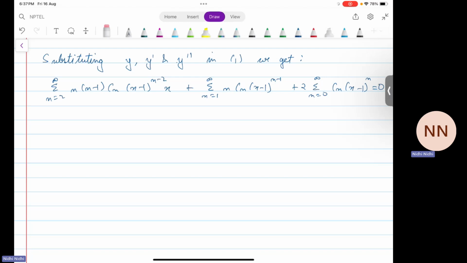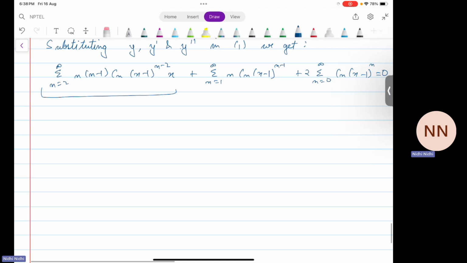The problem arises in this case because here we have x minus 1 and x. We want this to be in terms of powers of x minus 1. So we'll see summation n from 2 to infinity n times n minus 1 cn x minus 1 to the power n minus 2 times x.